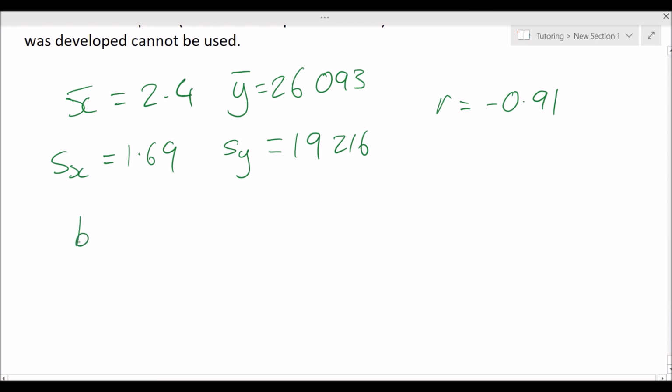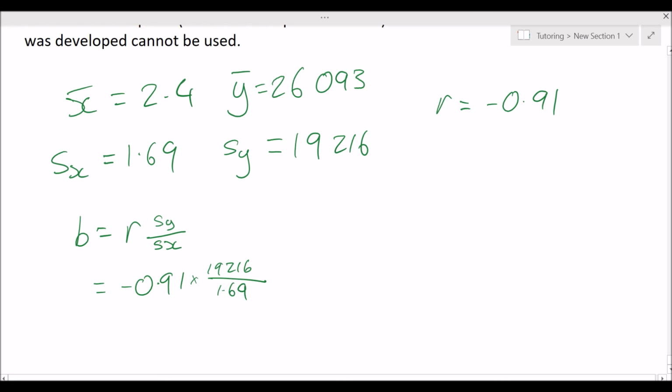Okay, so to calculate the slope, we need this formula here. So we're going to substitute the r value in there, and then those values there.